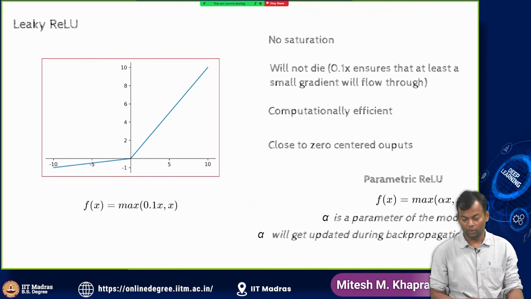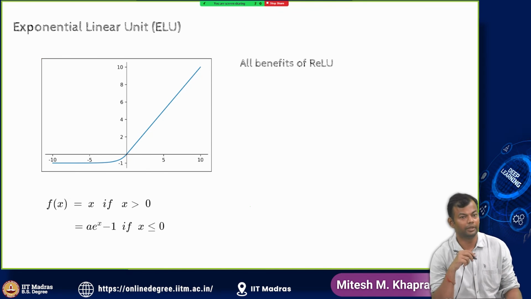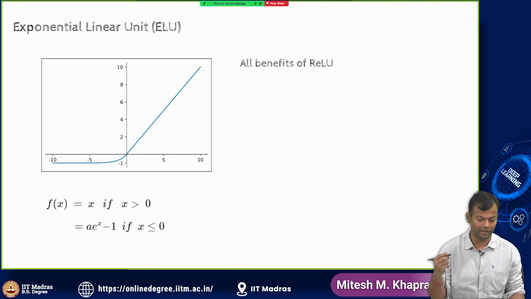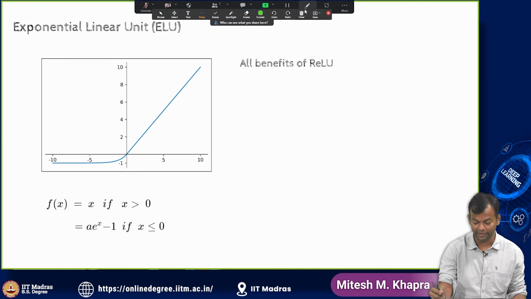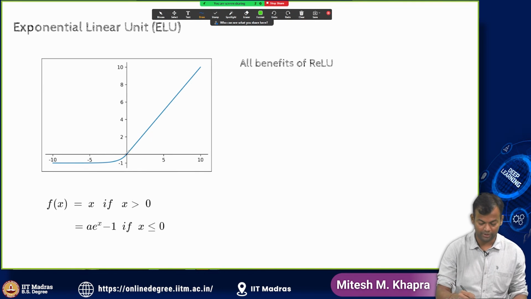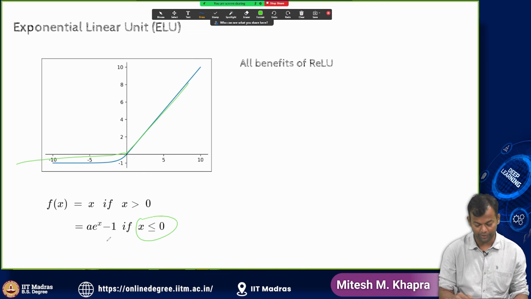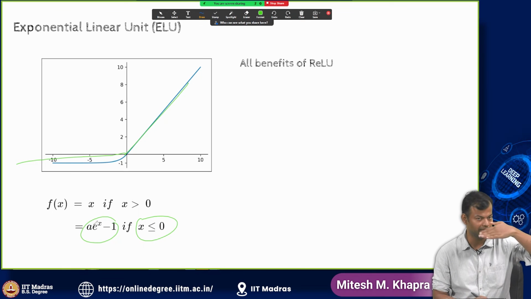Yeah. And one more variant of Relu is the exponential linear unit, right? So so far everything was linear on both sides. It was like this, but now whenever the input is less than 0, we are making it exponentially decay. So there's still some gradient flowing on the negative side also.